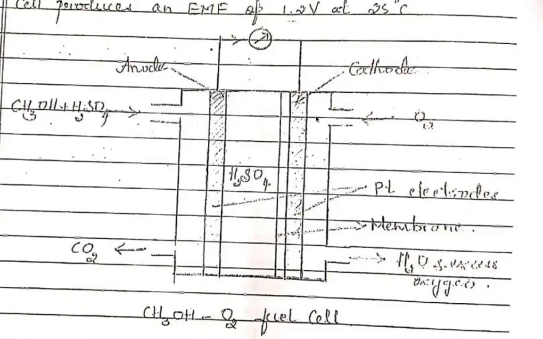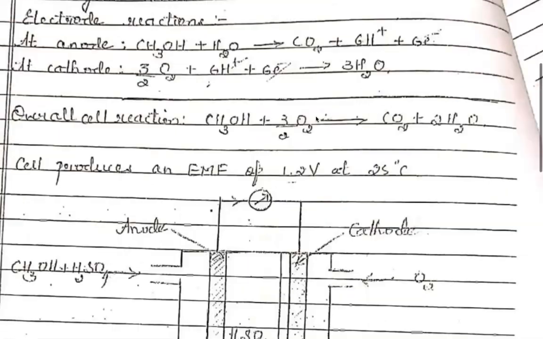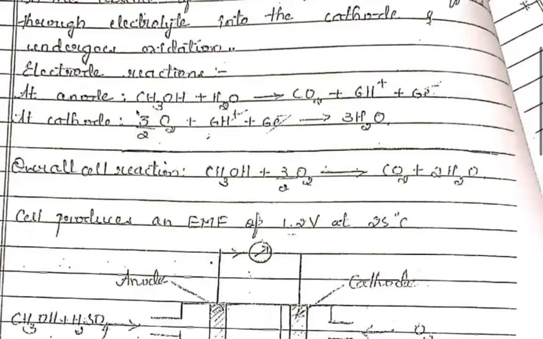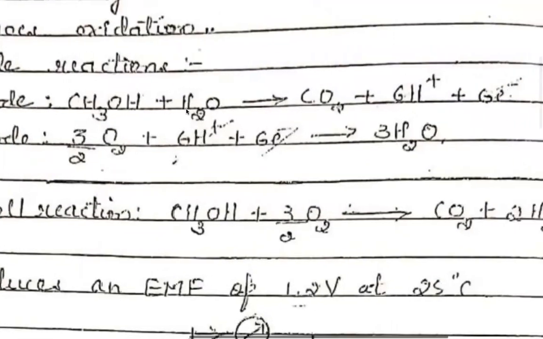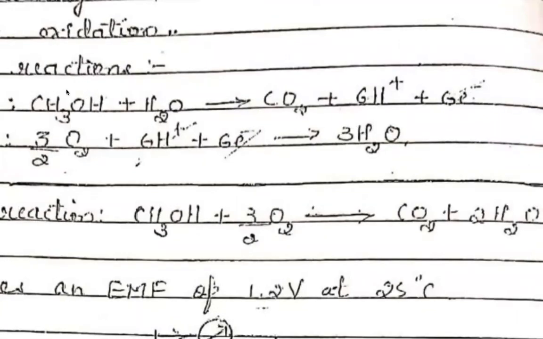Okay. So now, what are the reactions? Definitely at the anode, we have methanol. Anode means oxidation. And at the cathode, we have oxygen, so oxygen will undergo reduction. So what is going to happen here? I hope it is clear. Methanol will undergo oxidation.